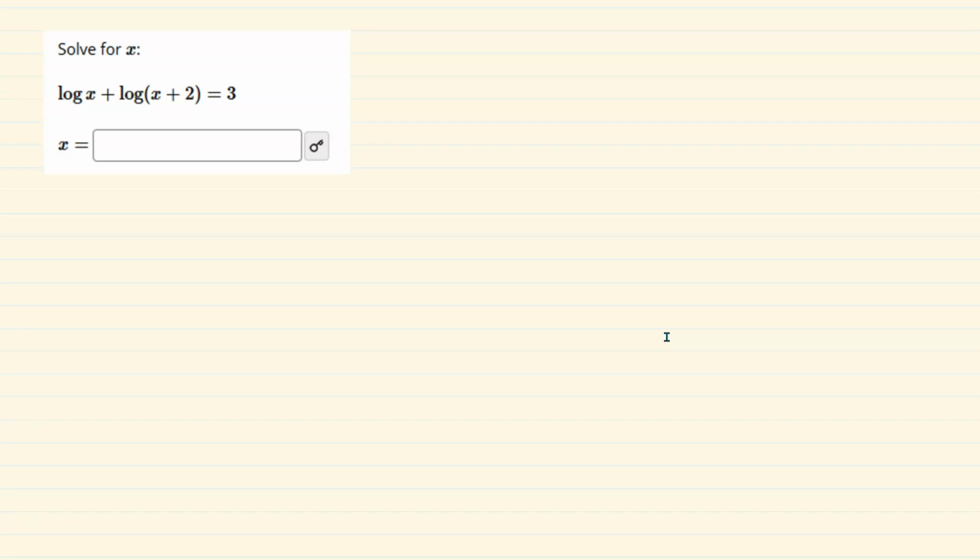There's the property where we have the addition of logarithms with the same base, where we can combine this into a single logarithm by multiplying what's inside each logarithm. So it looks something like this: log of x plus log of y equals log of x times y.